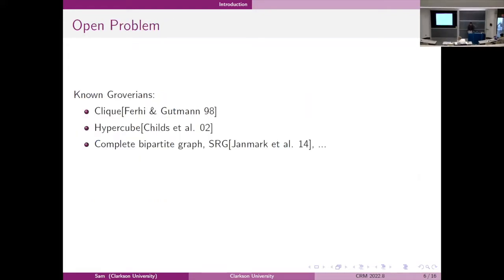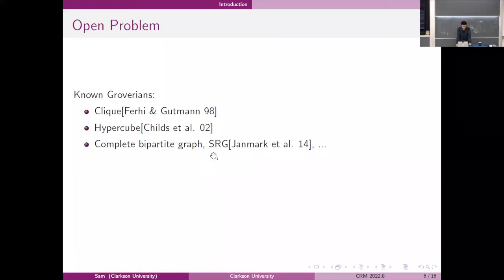There are many known examples of covariant graphs, like the complete graph given by Farhi and Gutmann in 1998, the analogue. The hypercube by Childs in 2002. Complete bipartite graphs and strongly regular graphs by Janmark et al. in 2014.